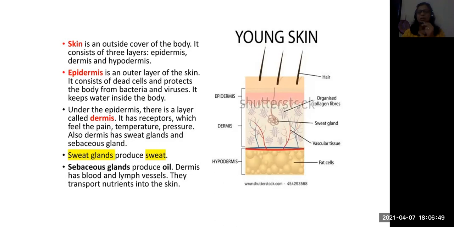So you know, our body has much water. If we lose the water, we feel what? Dehydration. It should not take place. So always our body should have water content. And the dead cells. Dead cells means what? Hair. Hair is a dead cell. Do you know that? Even nails are also dead cells.